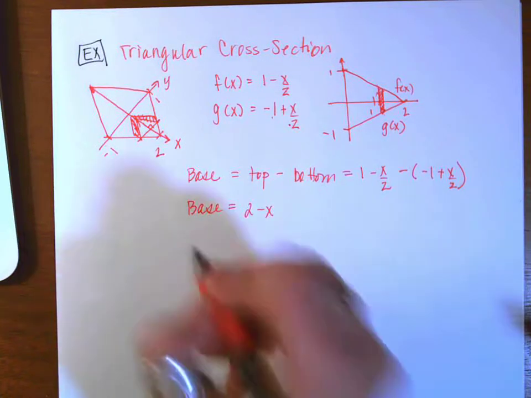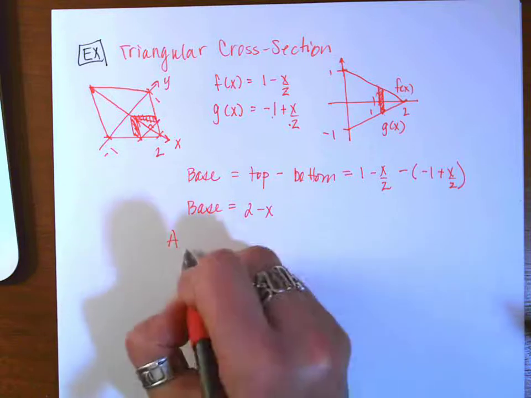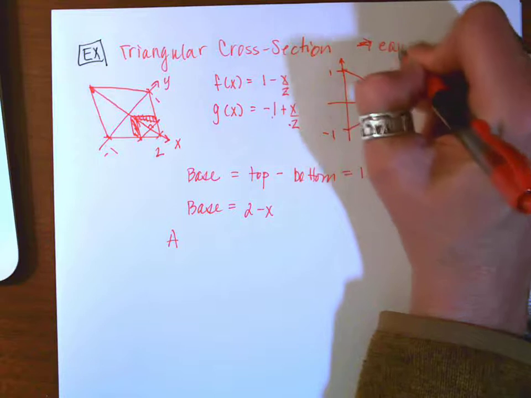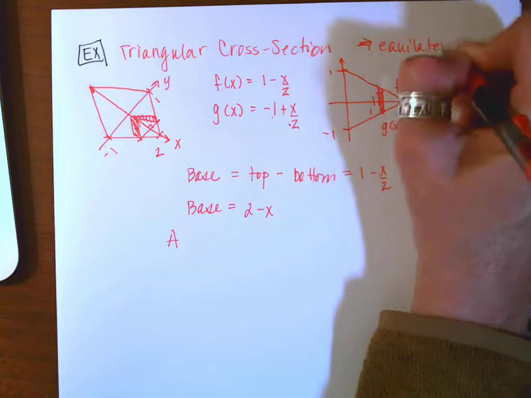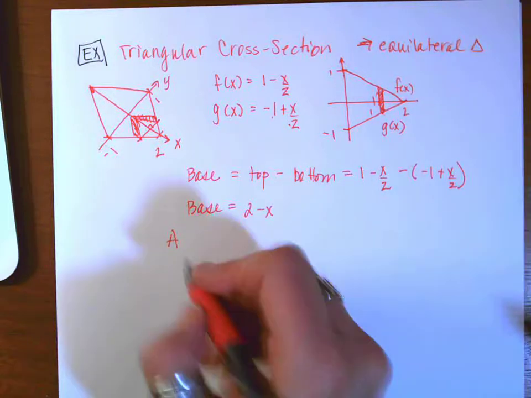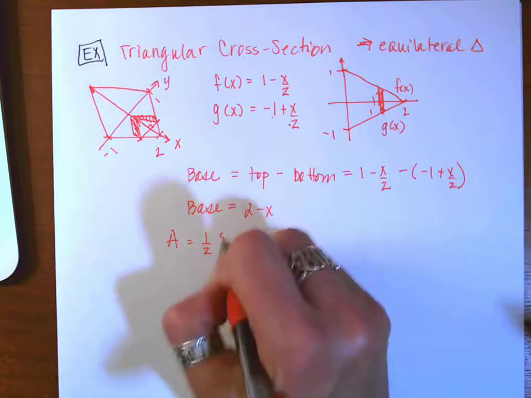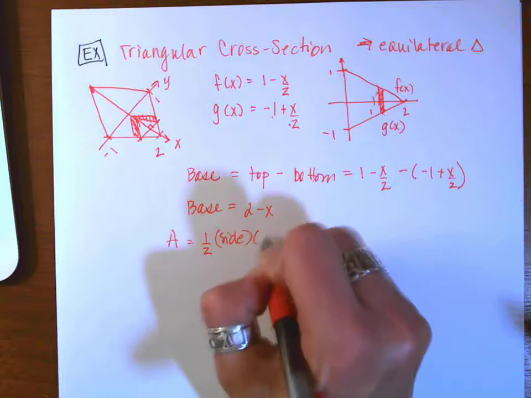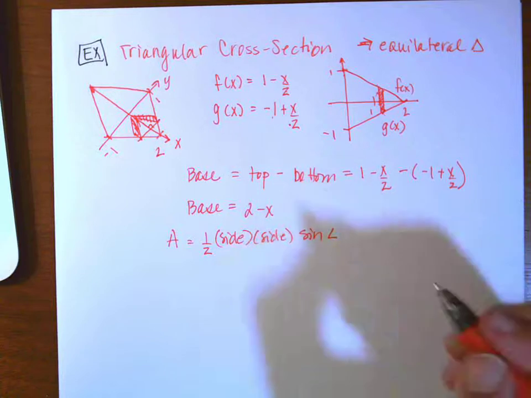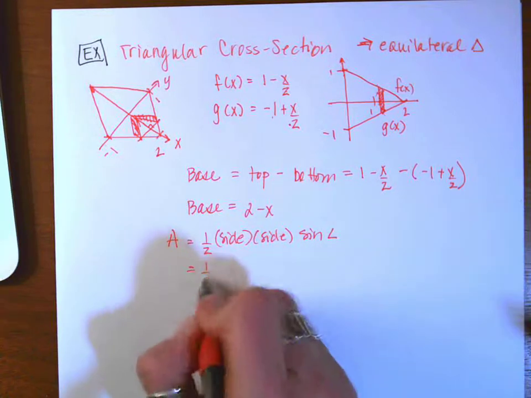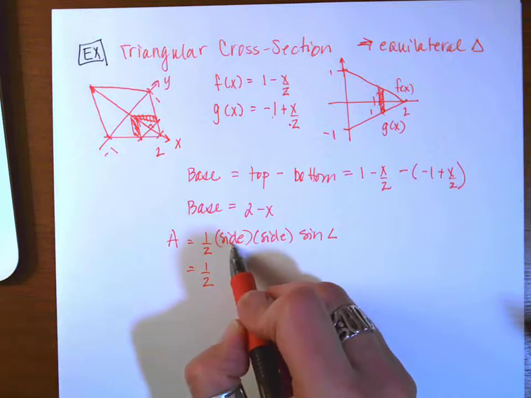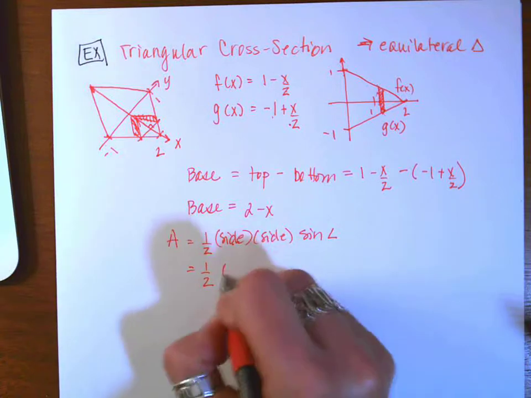Okay, well then if I want to find the area of the cross section, it's going to be the area of the equilateral triangle. And I'm sorry, you were going to be told, so this is a given, this is an equilateral, which makes my life so much easier. So the area is 1/2 side, side, sine of the included angle. So then this is going to be 1/2. My sides are the same.